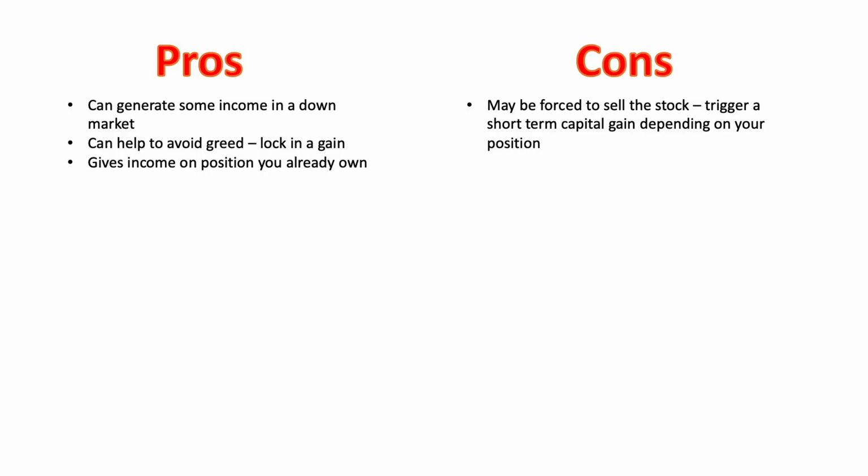So in reality, you're locking in your gain, which can help you to avoid being greedy, and you're receiving a premium to do it. So it's really like generating an income on a position you already own. The con in this situation is that you may be forced to sell your stock, which could trigger a short-term capital gain depending on your position, but again, you're locking in a gain, which is not the worst thing ever.